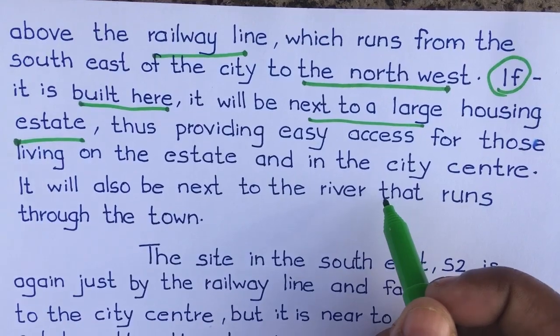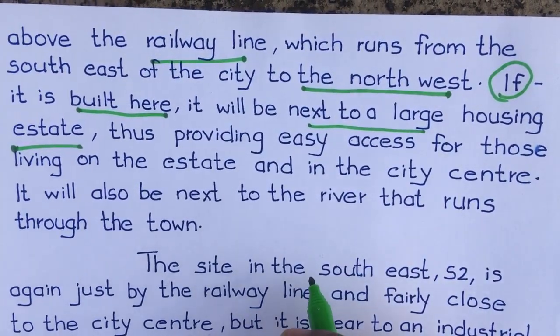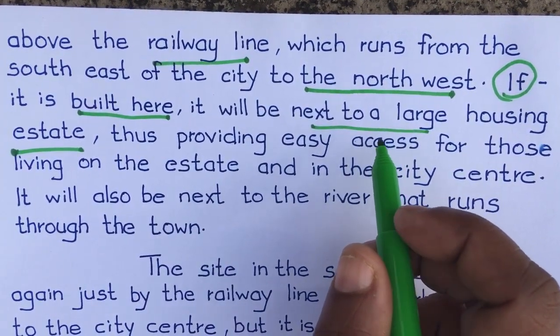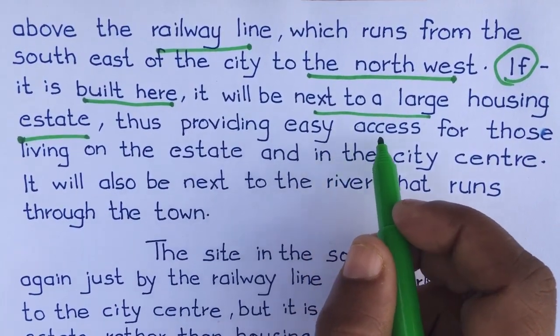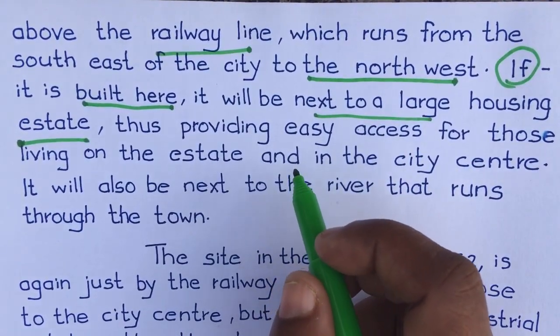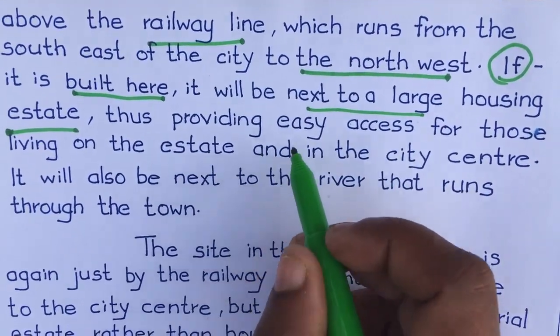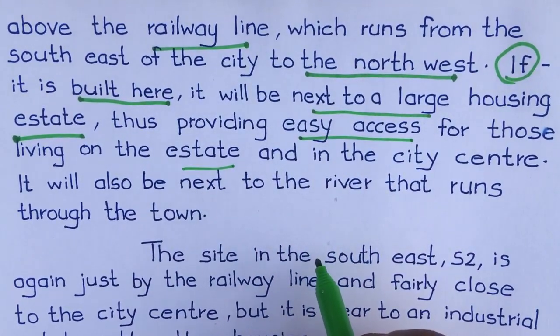So I am thinking in the future that if you build a shopping center over here, really close to the city center and the housing estate, more people will be staying there and they have wonderful facilities to travel and easy access.